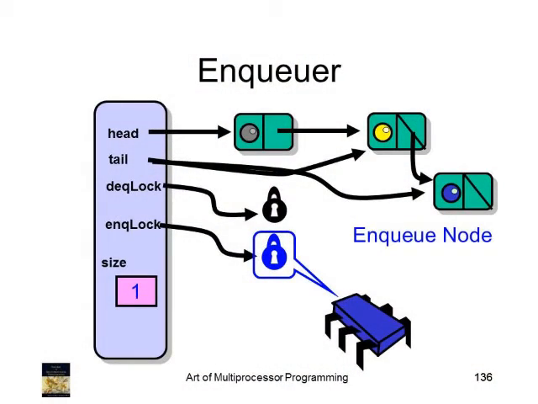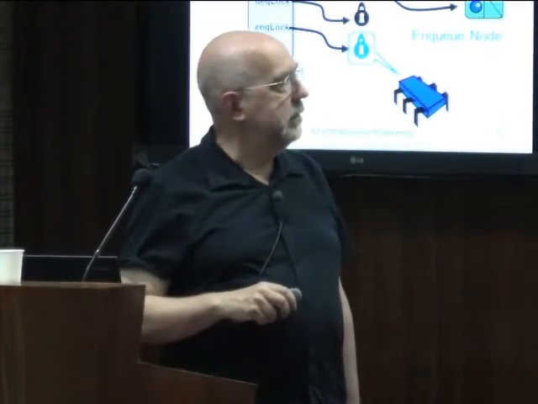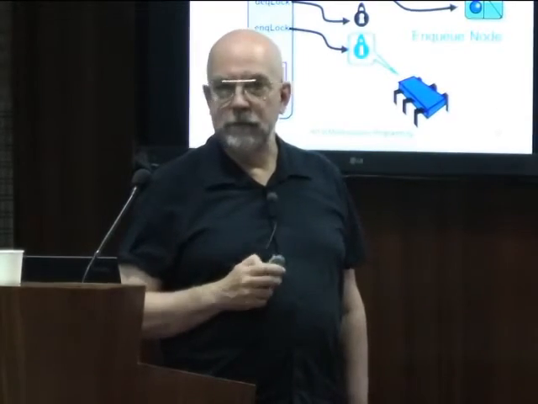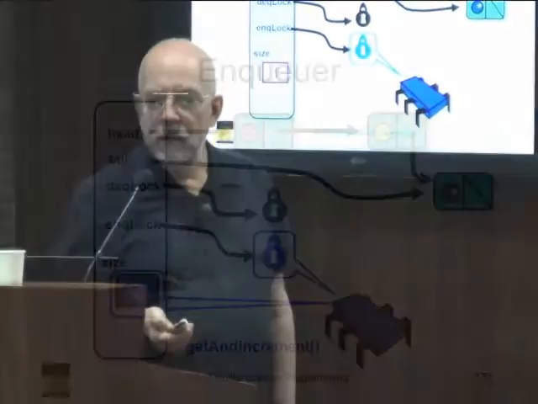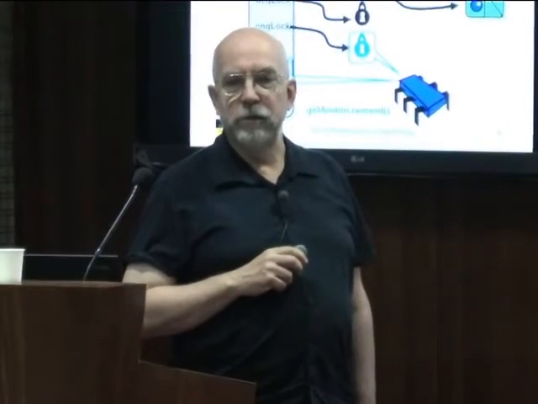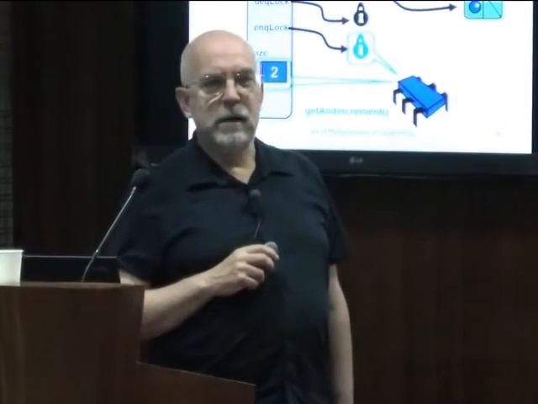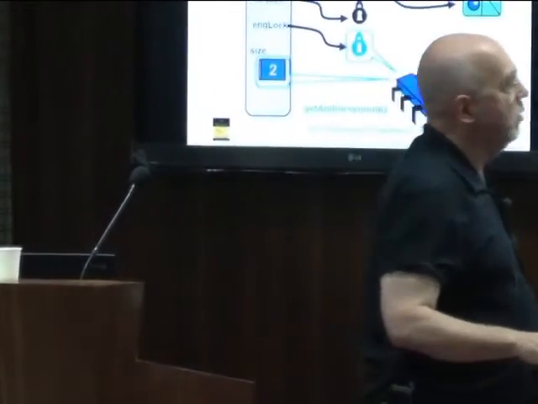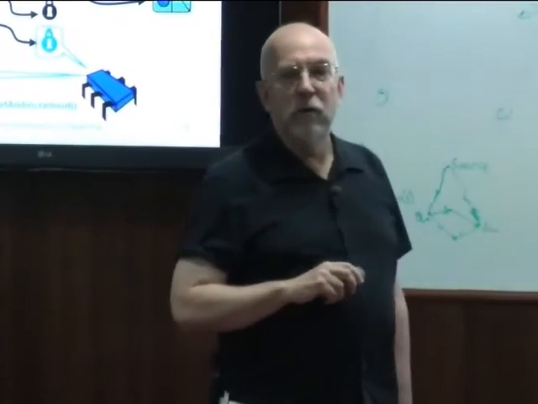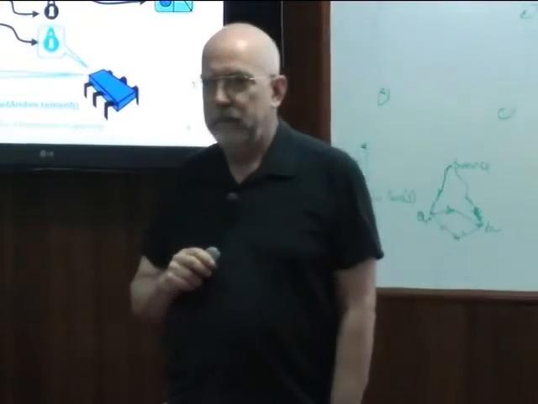So it creates a node to hold it, and it makes 2 steps. It puts the item onto this linked list, and it updates tail to point directly to the last item. Then it increments the size atomically. Get-and-increment means atomically increment this value. And the reason this has to be an atomic increment and not just a regular increment is because there might be dequeuers running around who are also modifying this counter.